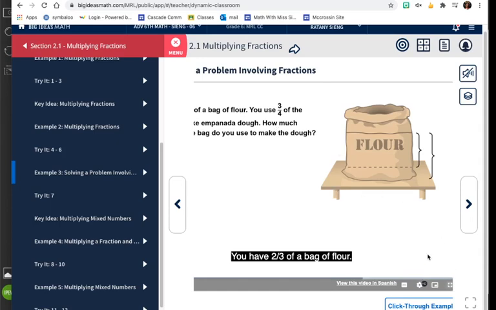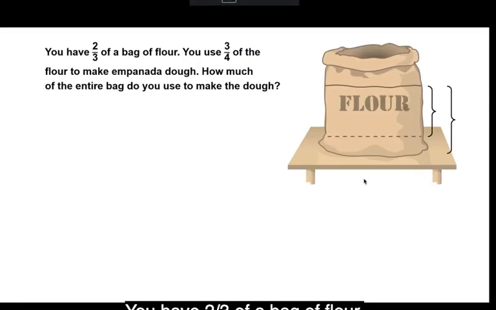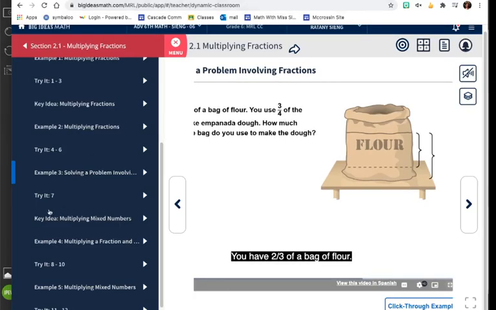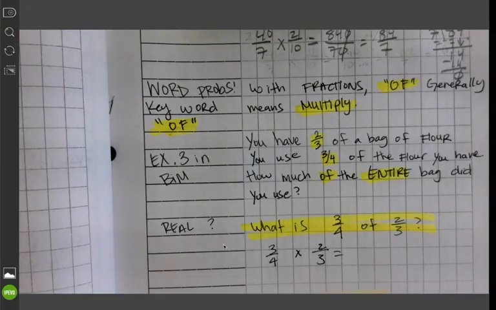I'm going to read it out loud, and then I'm going to write some of the key information in our notebook, right? So you have 2/3 of a bag of flour. You use 3/4 of the flour to make empanada dough. How much of the entire bag do you use to make the dough? Okay, so let's go back to our notes, and I'm going to write down the key information.